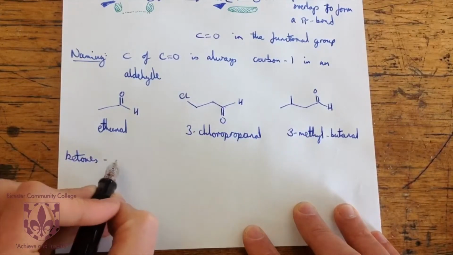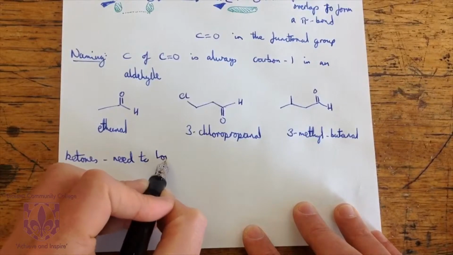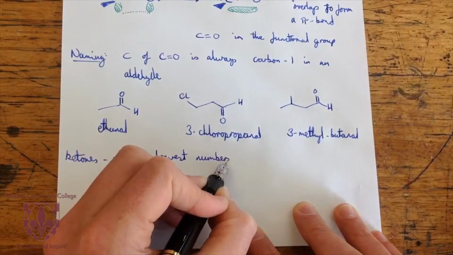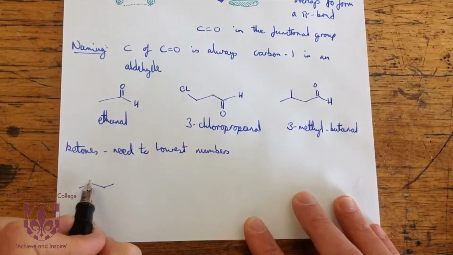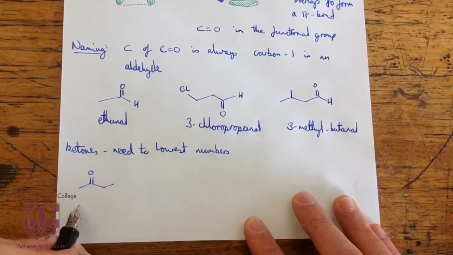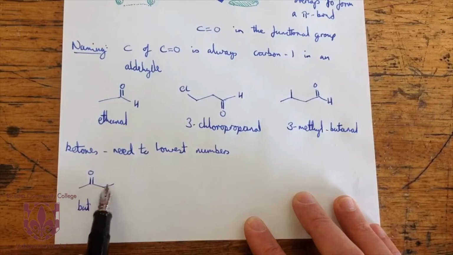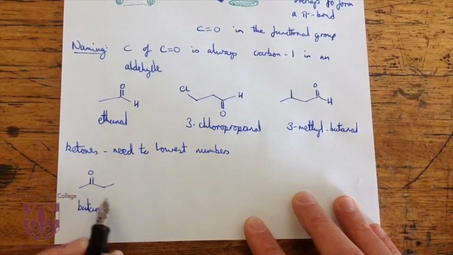Ketones, we need to use lowest numbers, and you'll see what I mean by this. Ketones are a little bit like alcohols and alkenes in how we name them. So you do the carbon stem, 1, 2, 3, 4, and then butan because it's an alkane.